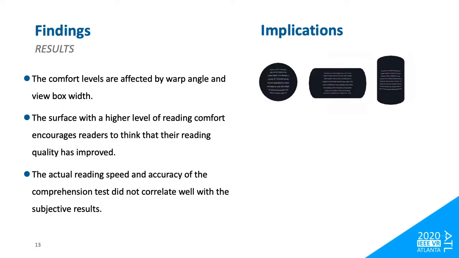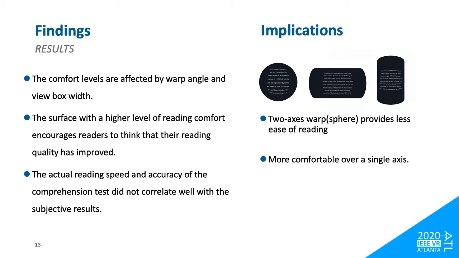So throughout the whole project, we could get some ideas. Reading on two axis warped objects provides less ease of reading, especially compared with a plane. It is also much easier to read on a single warped axis compared with two axes. And reading on a flatter display is considered more comfortable.